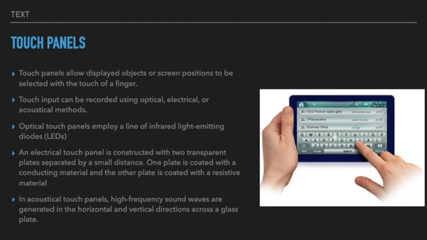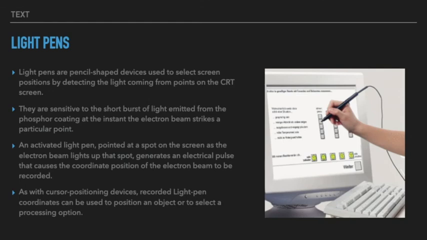Then the next kind of graphic input device is light pens. Light pens are pencil shaped devices. Here's an example of light pens. They are pencil shaped devices used to select screen positions by detecting the light coming from points on the CRT screen. Okay, they are sensitive to the short burst of light emitted from the CRT's phosphor coated screen at the instant the electron beam strikes a particular point.